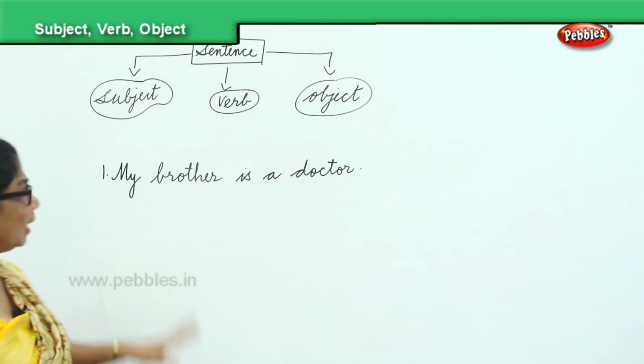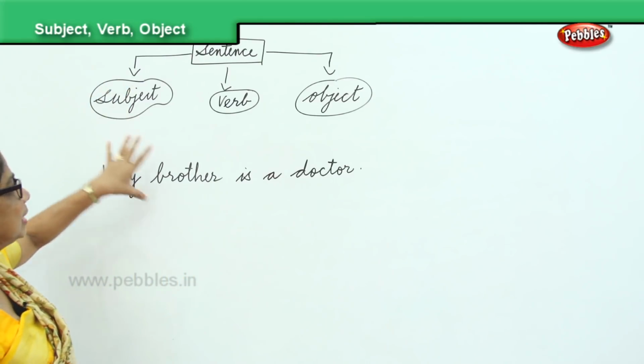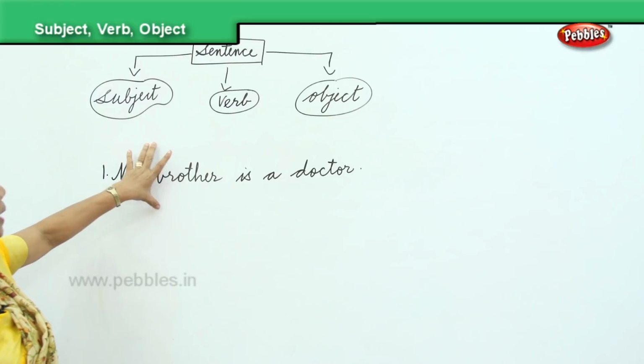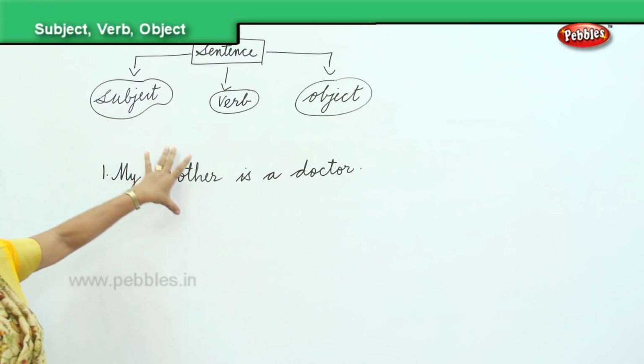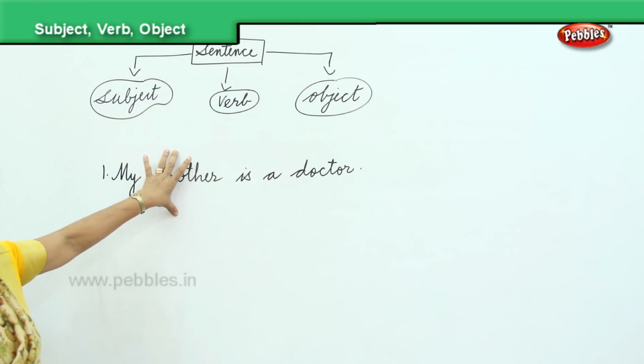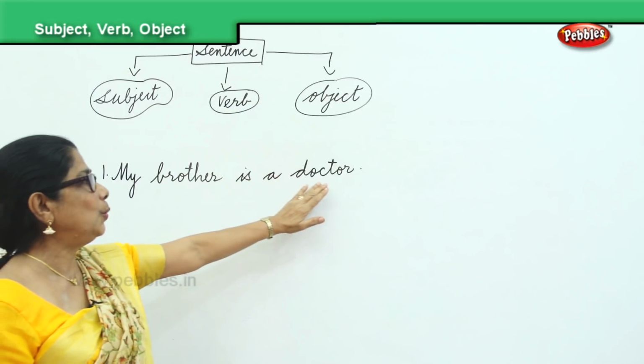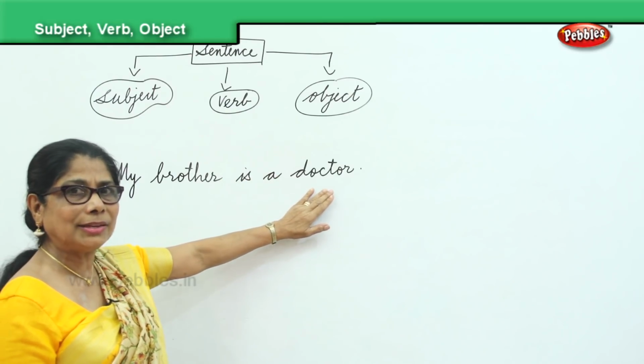Now you have your subject, my brother. This is your subject. It comes most of the time in the beginning. Now, the brother is doing something, and what is he doing? He's a doctor, he's working as a doctor.